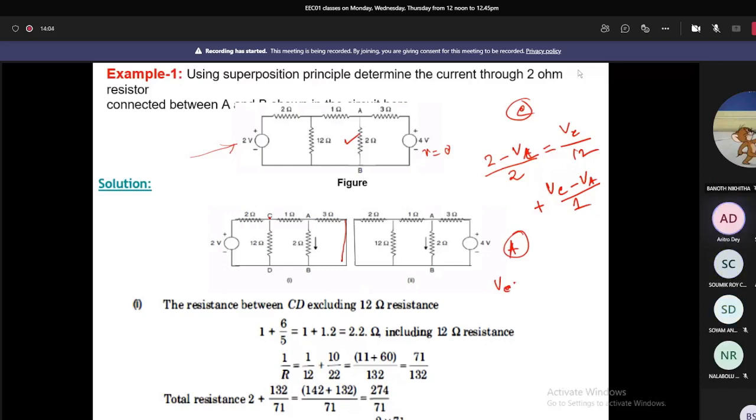At 12:05, initially I was just recapitulating the property of linearity. What is linearity? Where can we apply the superposition theorem? So what is homogeneity? What is the additive property?